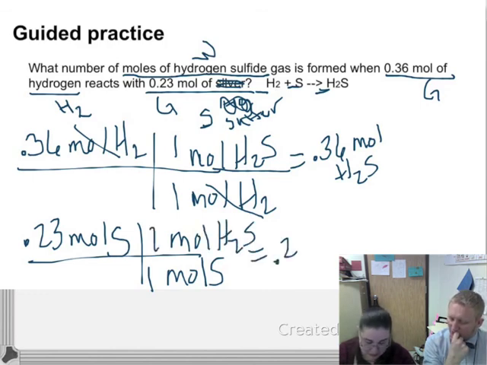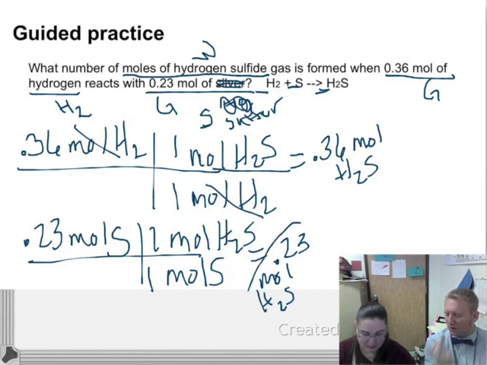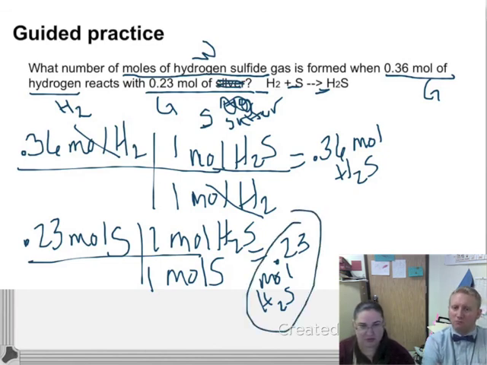So 0.23. I'm going to go out on a limb here and say that the sulfur is the limiting reagent, and the maximum that we can make is 0.23 moles of H2S, the hydrogen sulfide.